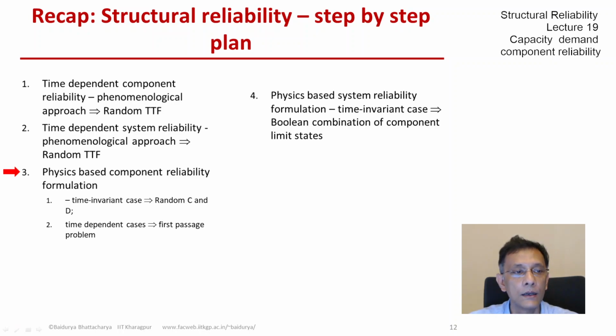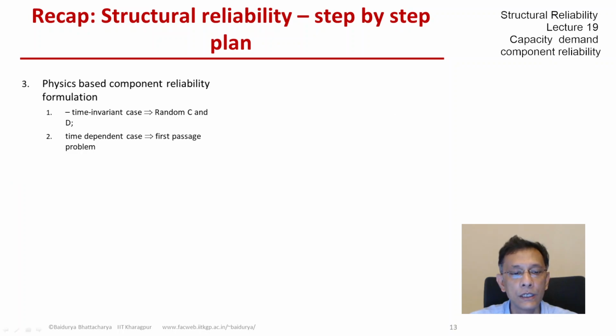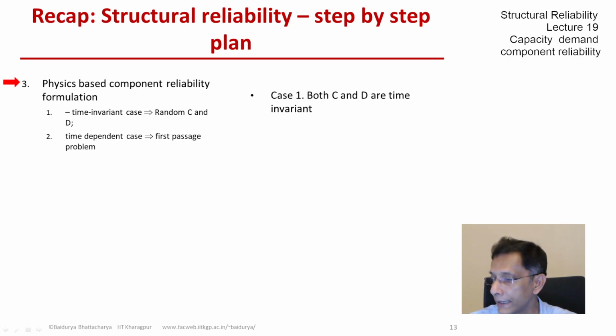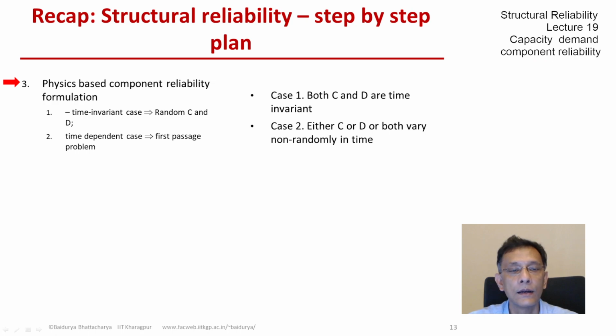And to give more details on the 3rd step that we are going to take up now: we are going to look at 1 case where both C and D are time invariant, as I said, and then 3 cases where there is time variance. The first is the simplest: the capacity or the demand, or both, vary non-randomly in time.